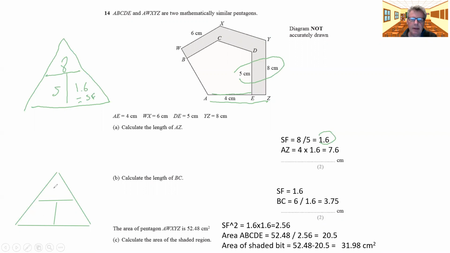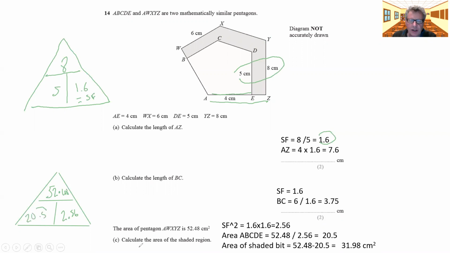So the area we've been given is a big area, so that's going to go up there, 52.48. Down here, you're going to have the scale factor squared, which is 2.56. Then all you've got to do to find that is divide, and you're going to get 20.5.